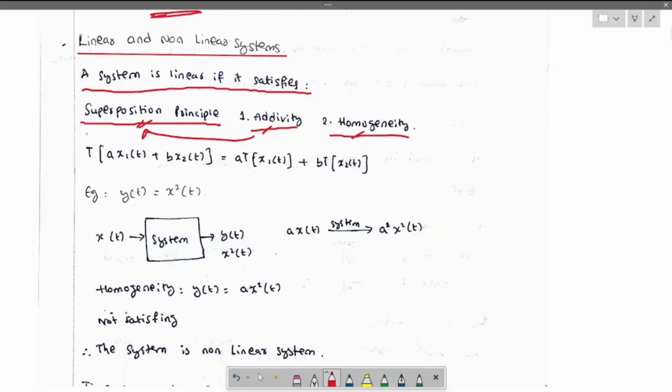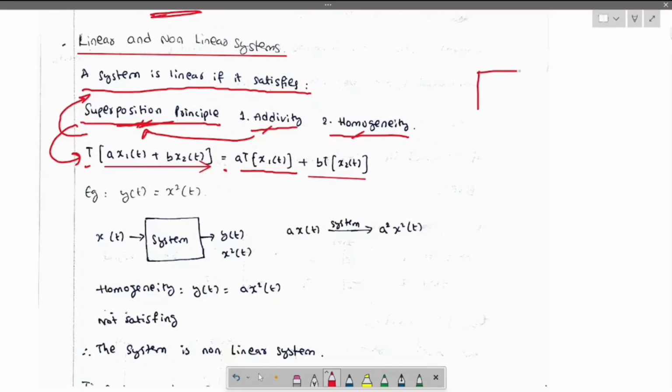If the superposition principle is satisfied, then the system is said to be linear. Mathematically, it is as follows: T of a x1 of t plus b x2 of t should equal a T of x1 of t plus b T of x2 of t.